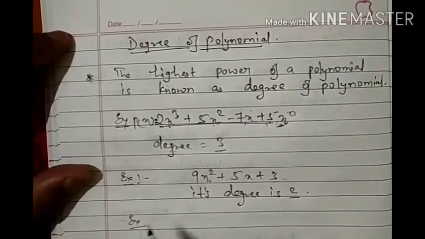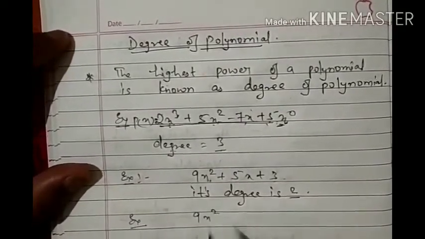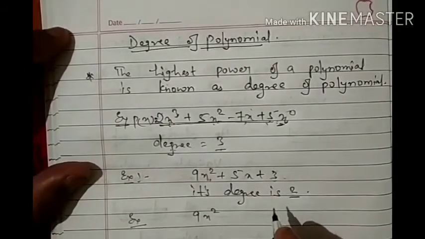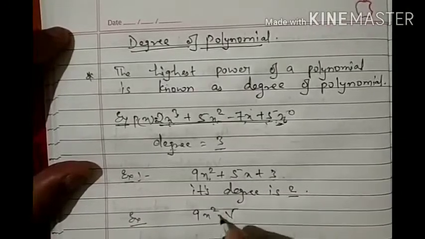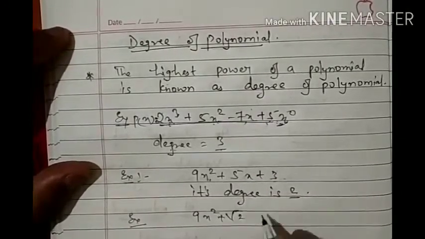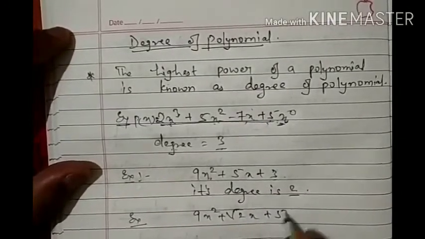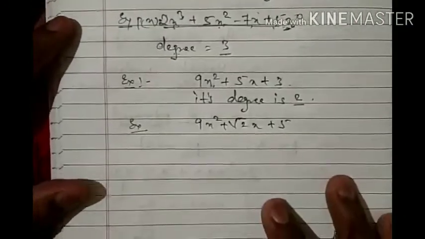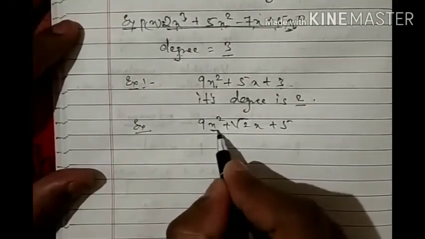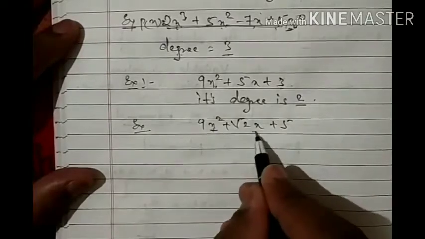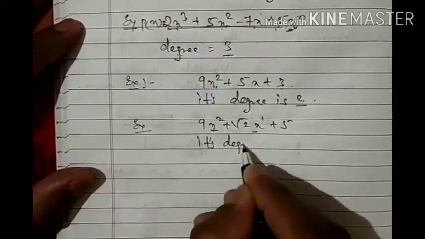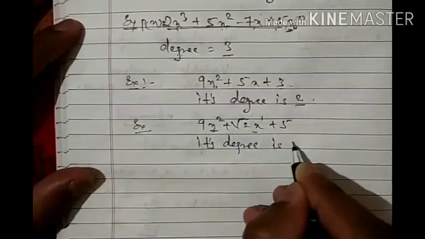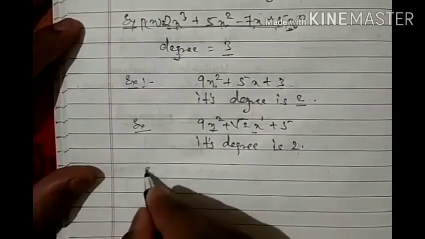Let's take one more example. 9x square plus root 2 x plus 5. What is its degree? Again, the highest power of x is 2. Here we have nothing, that is 1. So its degree is 2.